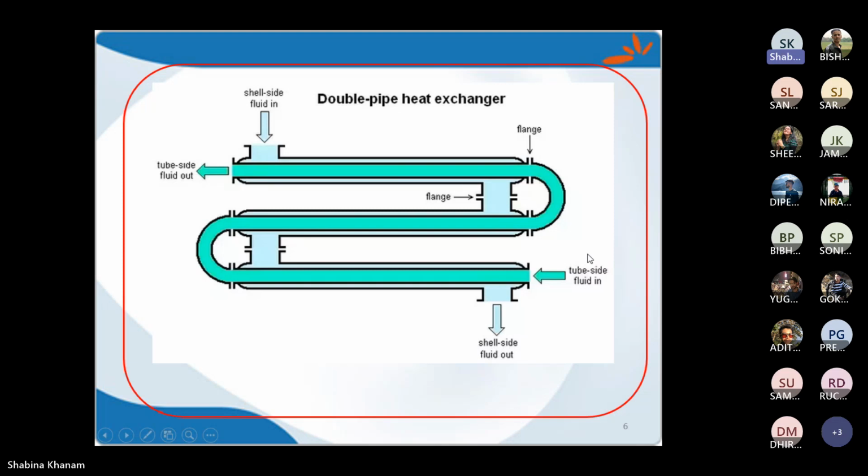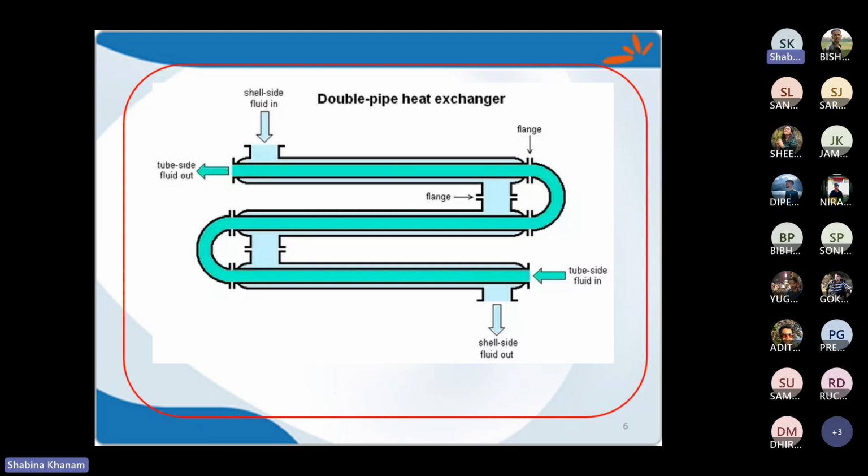When we consider a double pipe heat exchanger, usually the experiment you have performed in the heat transfer lab is at most from here to here. Only one part, only this straight part you must have seen.